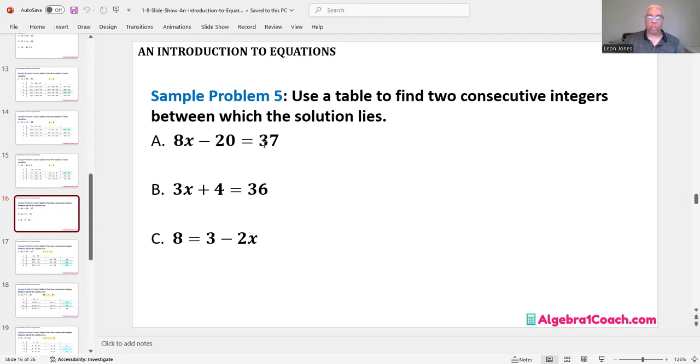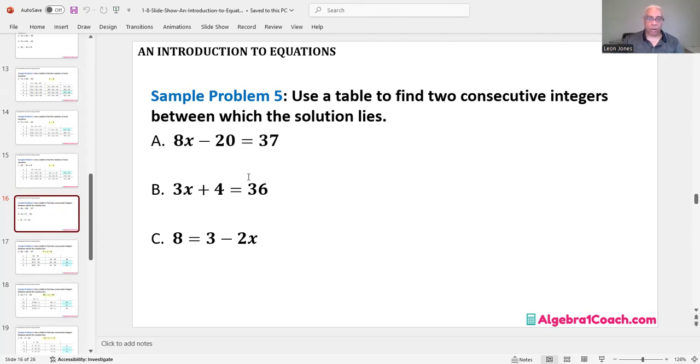So if I have 8x equals 57 and I divide both sides by 8, I'm going to come up with 7 1/8, and that's going to give me 57/8. Now I did that in my head.